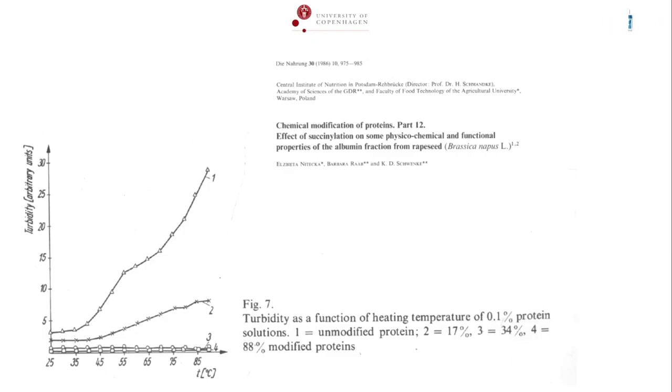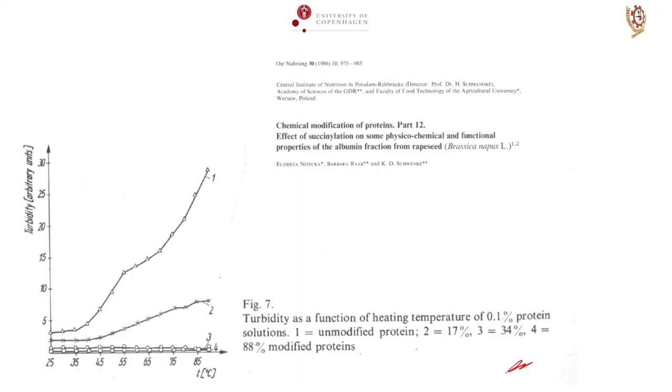I like this very old paper. I was talking about how everybody publishes only the positive results. And this was a paper from 1986, even before I was born, right? They were trying to modify proteins, especially the rapeseed protein, by succinylation.